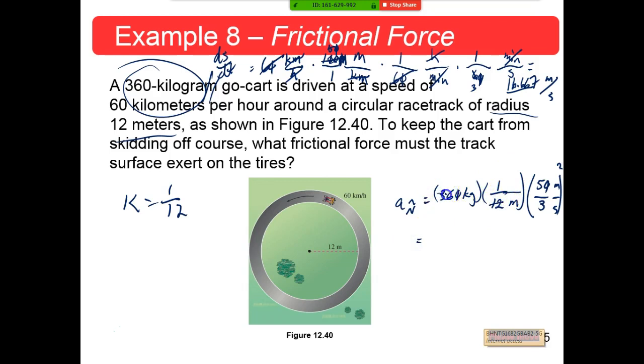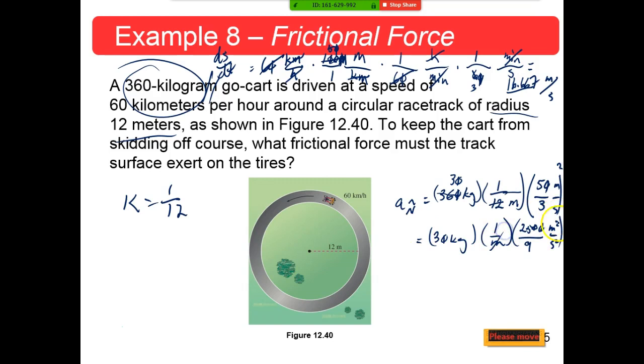I know 12 will go into 360 30 times, right? So I wiped out that one. That's going to give me 30 kilograms times a per meter. That's just a unit, 1 per meter, okay? Times 2,500 when I square the 50, and 9 when I square the 3, and this will be in meters squared per second squared.